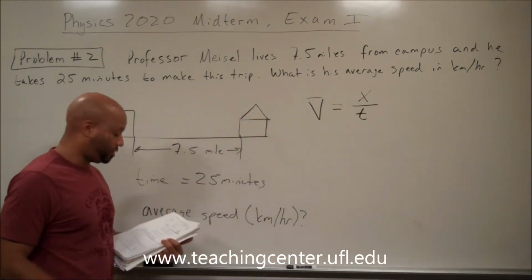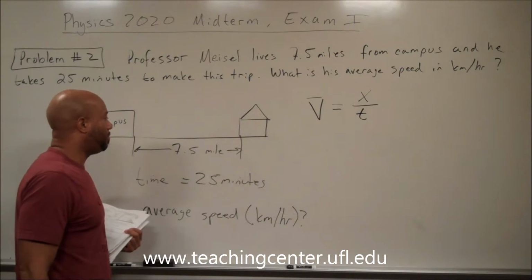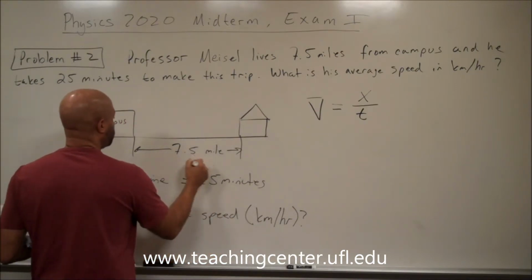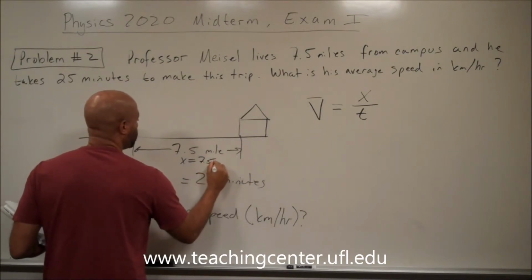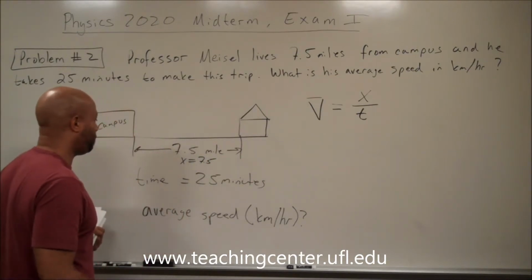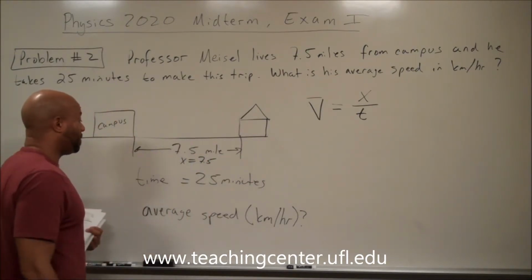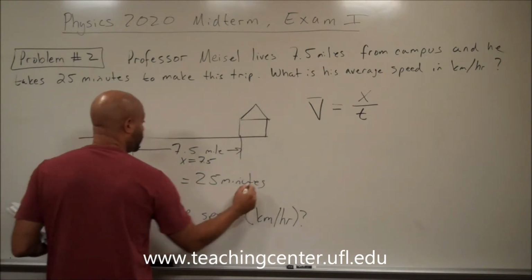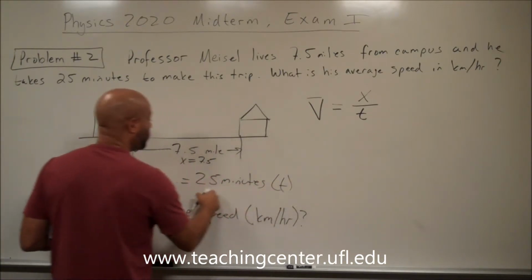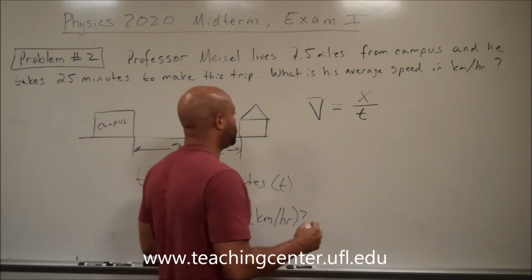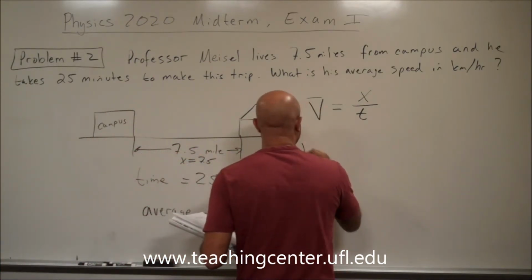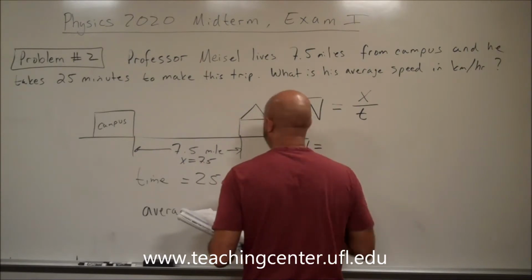Okay? In this particular problem, we are given a displacement which is 7.5 miles. So our x is equal to 7.5. We're also given a time. Our time, t, is 25 minutes.